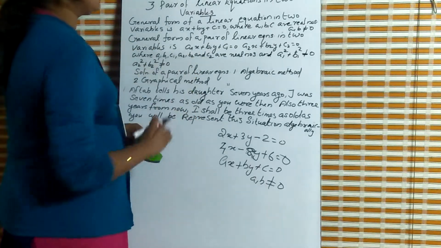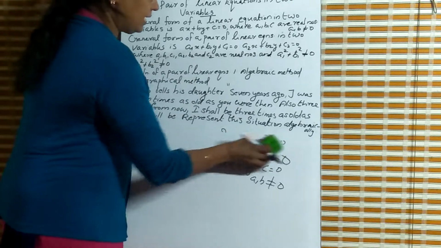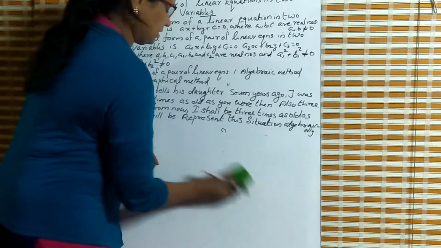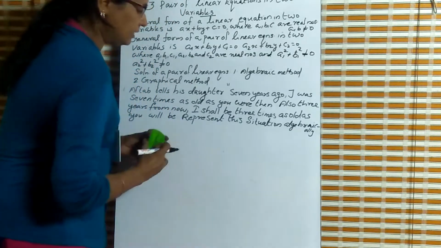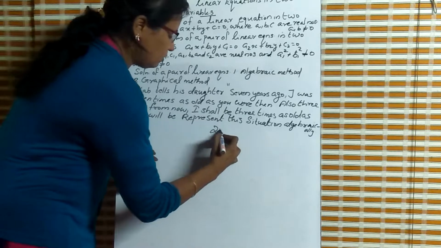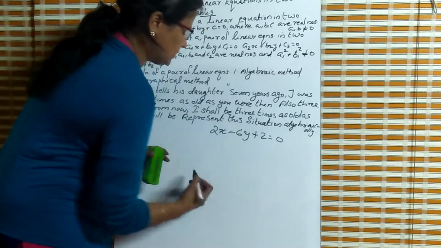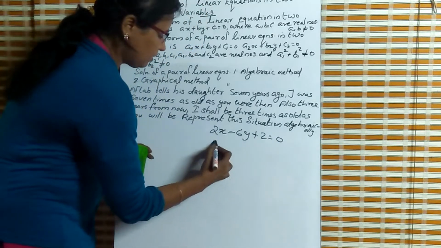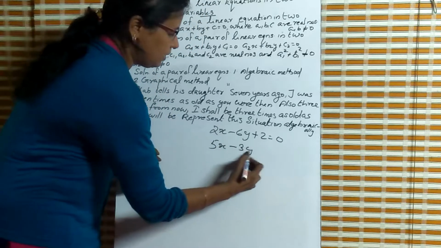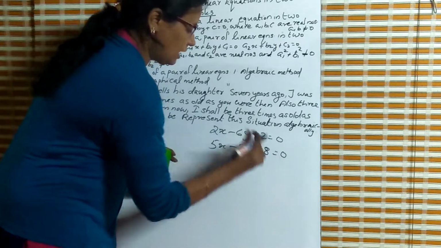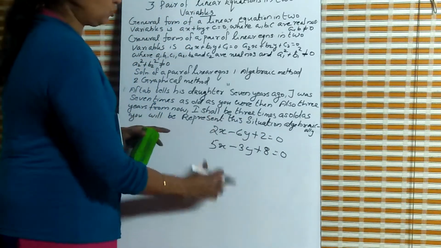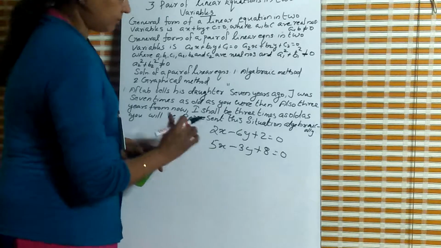Next is the general form of a pair of linear equations. Pair of linear equations means 2x minus 6y plus 2 is equal to 0 is one equation. Another, 5x minus 3y plus 8 is equal to 0, is another linear equation. These two together are called a pair.